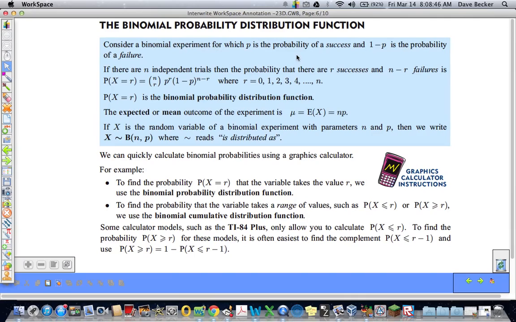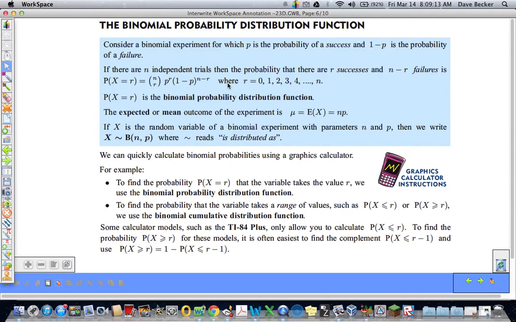We still have an experiment with two outcomes, success or failure. If success is p, then failure is 1 minus p. There are n independent trials, and the probability that there are r successes and n minus r failures is the binomial distribution. Isn't that wonderful?